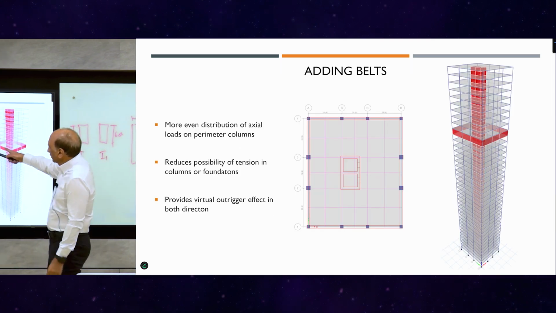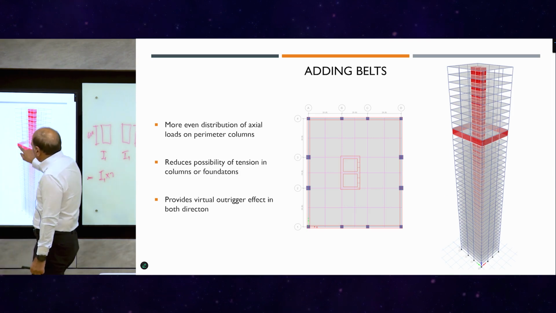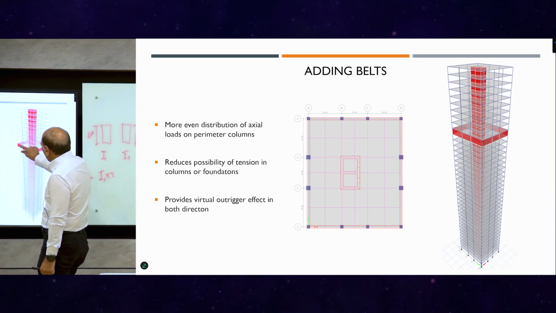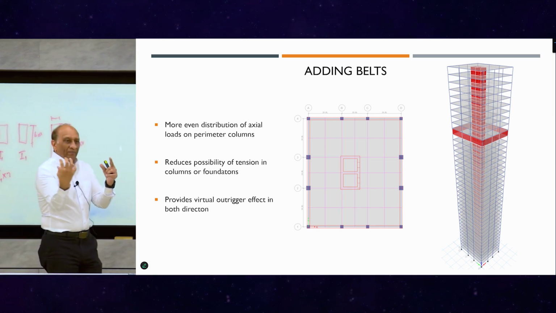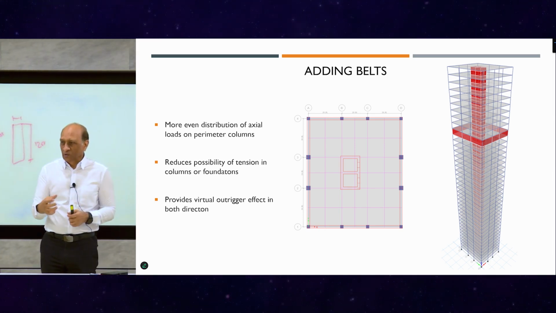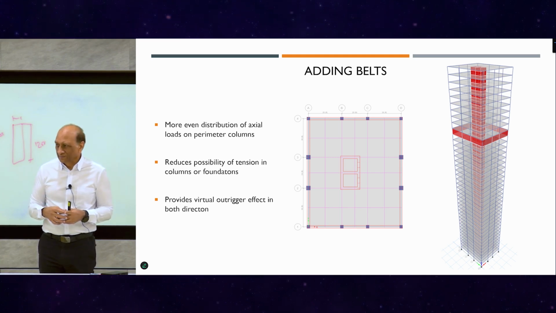So adding the belt, now this belt is added all around. So all the columns now in the floor below, this solid floor will make sure that this is a rigid floor, but the belt will only work if there's a core. If there's no core wall, it won't work, because the core wall is the one which is actually helping us to do all of that outrigger effect. Okay.